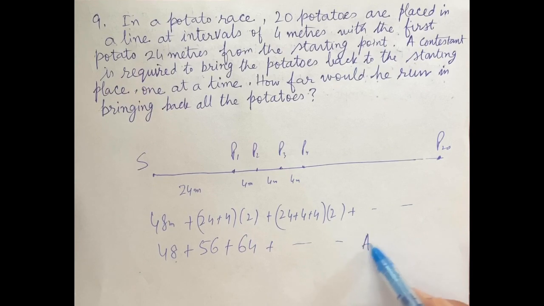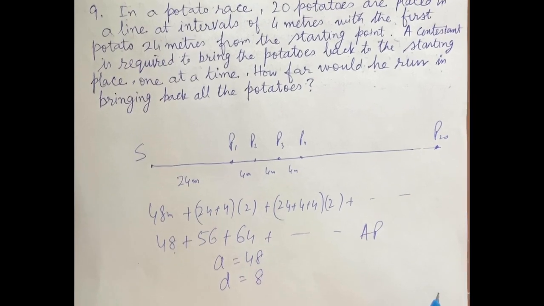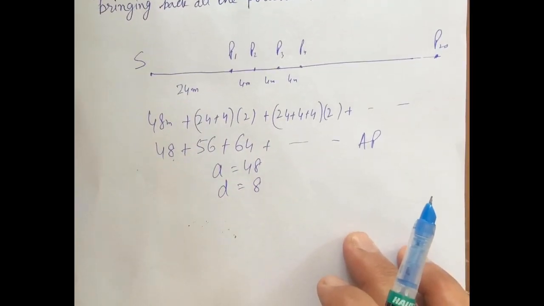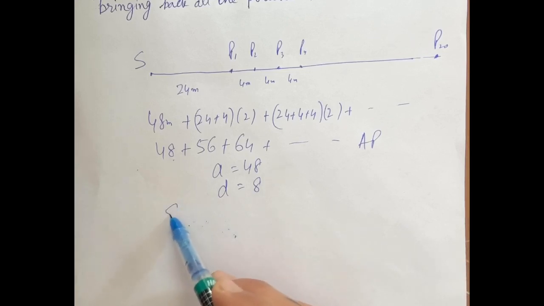So we can see this is an AP in which the first term is 48 and common difference is 8, and we have to find the sum of 20 terms of the series.